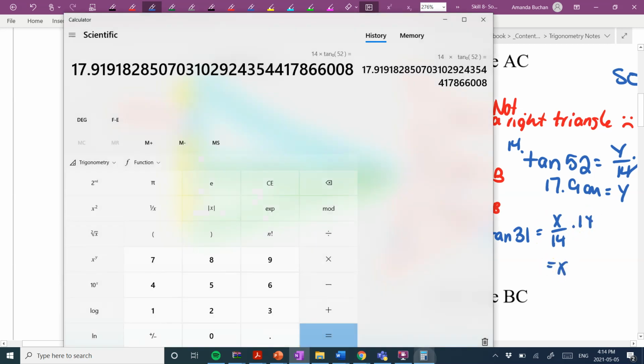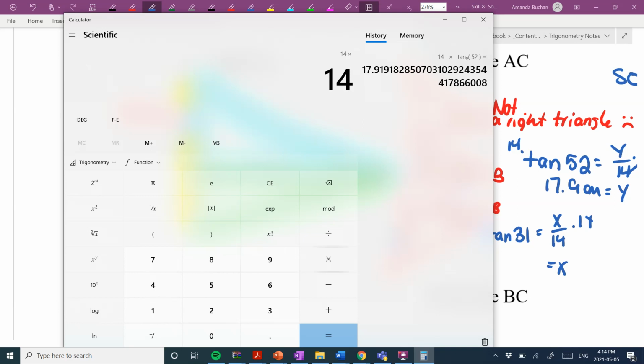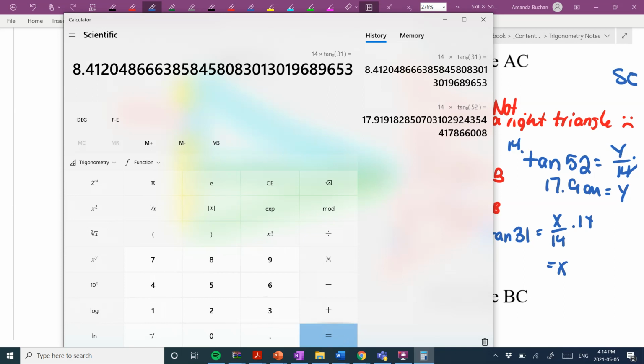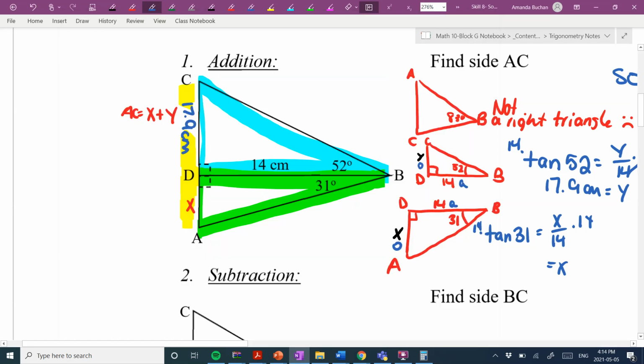And go back to your calculator. And this is where you want to make sure you know how your calculator works, because you notice I stumbled a little bit there because my calculator was functioning backwards, and I'm not used to this one. 8.4. Which makes sense because it's a little bit smaller there.